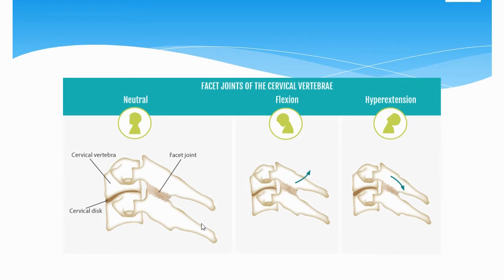This picture again shows the hyperflexion and hyperextension scenario that could be affecting the soft tissue and the joints between the vertebrae.